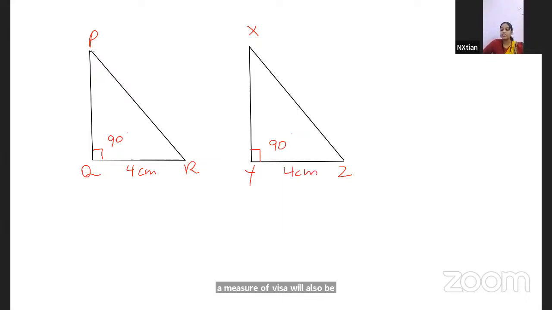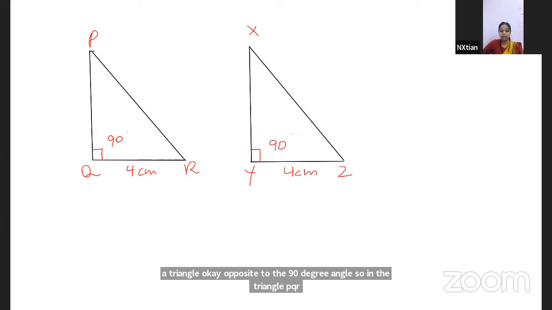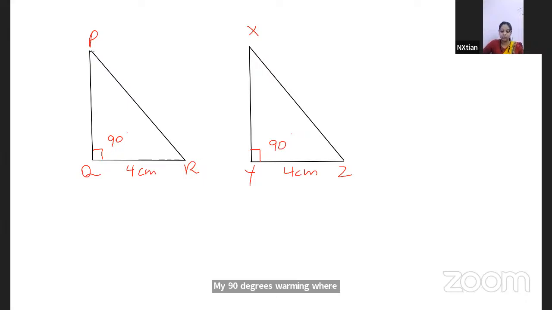Now, what is my hypotenuse? I have explained this one. My hypotenuse is the side which is opposite to the right angle in the triangle, opposite to the 90-degree angle. So in triangle PQR, where is my 90 degrees forming? At Q. So what will be my hypotenuse?